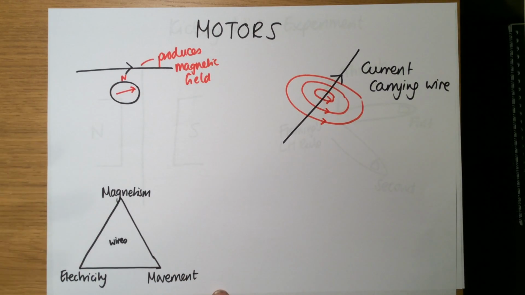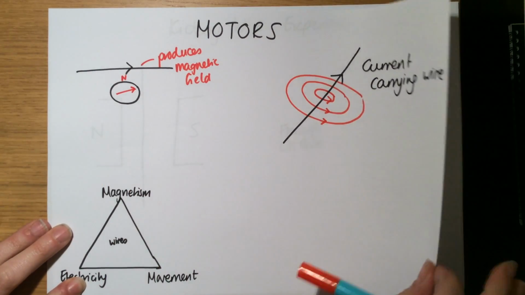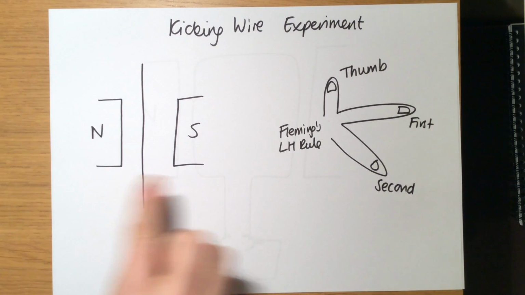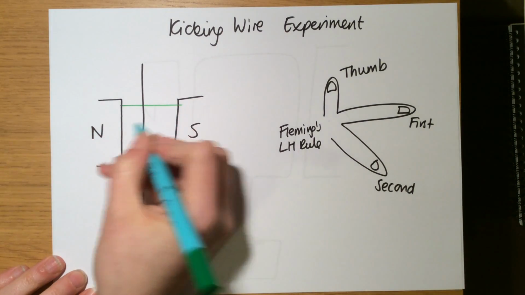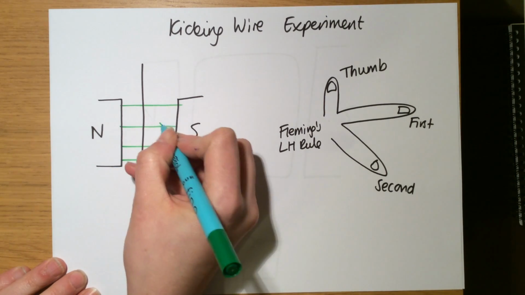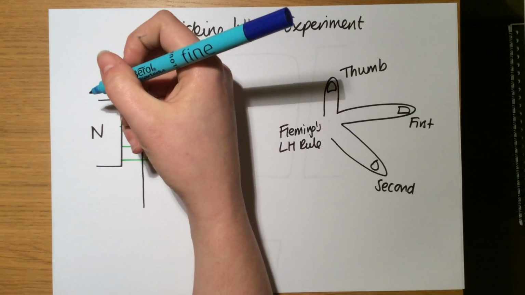The opposite can happen. We can use magnetism and electricity to create movement, and that's what we see in the kicking wire experiment. So here I've got a setup. I've got a north pole and a south pole, so between these two there is a magnetic field. And we draw it like this because it's the way a free north pole would go. Now let's imagine that our wire is carrying an electric current, and the electric current is going this way.